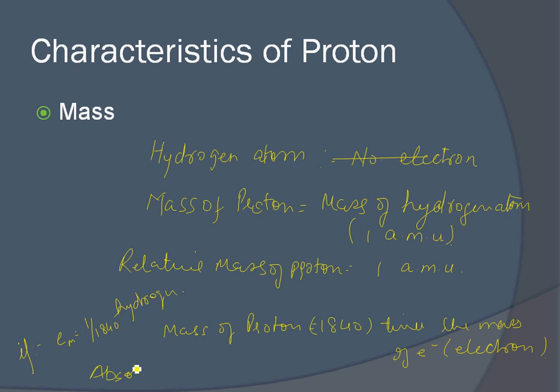Therefore we can say that the absolute mass is 1.6 into 10 to the power minus 24 grams. This is the absolute mass of the proton.